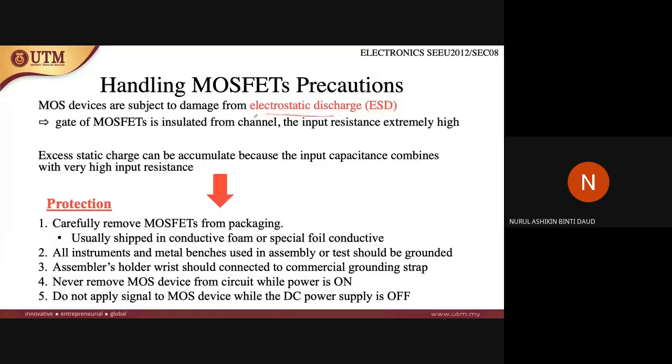Because the gate of MOSFET is insulated from the channel, and the input resistance is extremely high. So since the gate is insulated from the channel, the input resistance at the gate is extremely high, and this will damage the MOSFET.